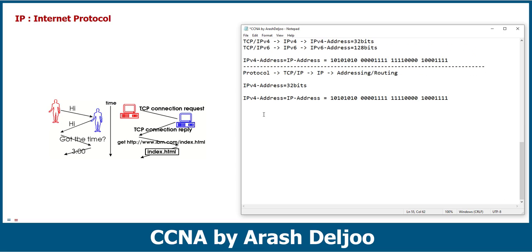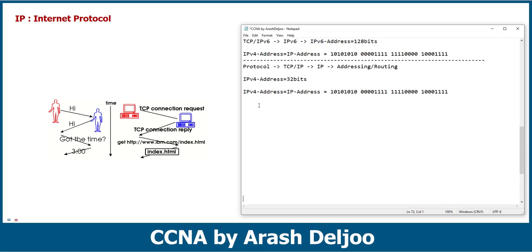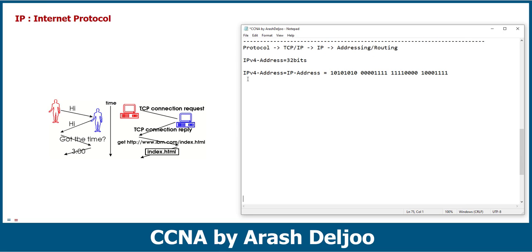This is a very important topic in this course because in all of the scenarios that you will see in this course, you should use the IP address. Because of that, it's important to learn these concepts exactly, and after that you can use this address for all of the scenarios of this course.